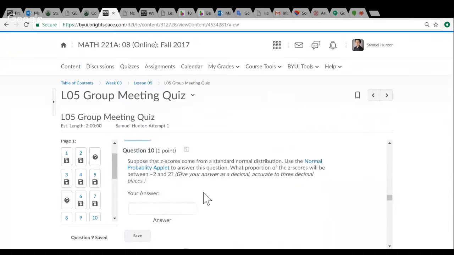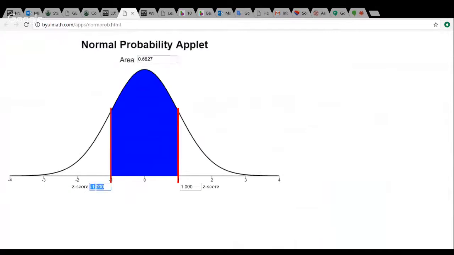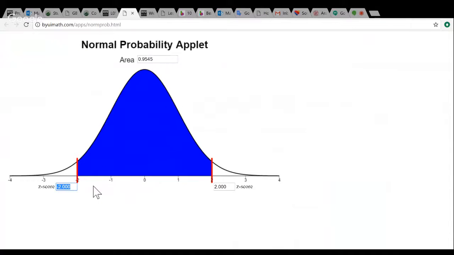What proportion of these scores will be between -2 and 2? So then you put -2 and 2, and then you round to 0.955. Yep.